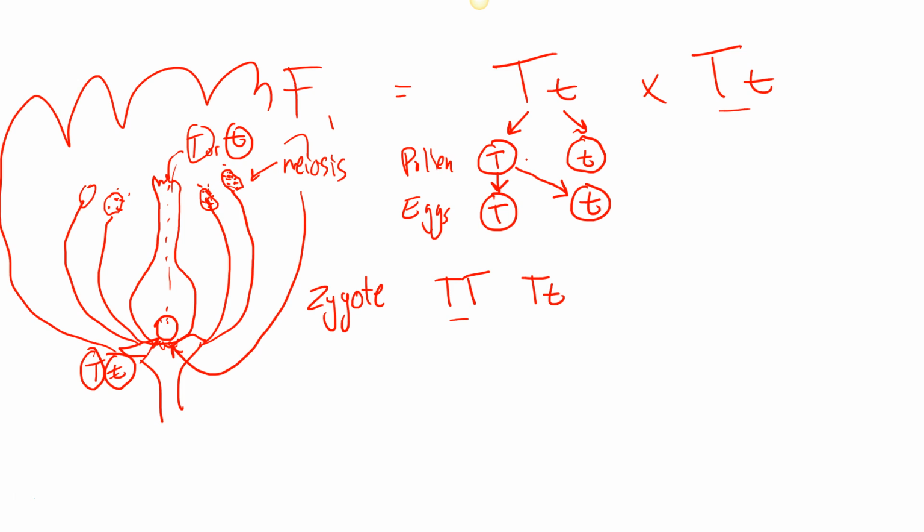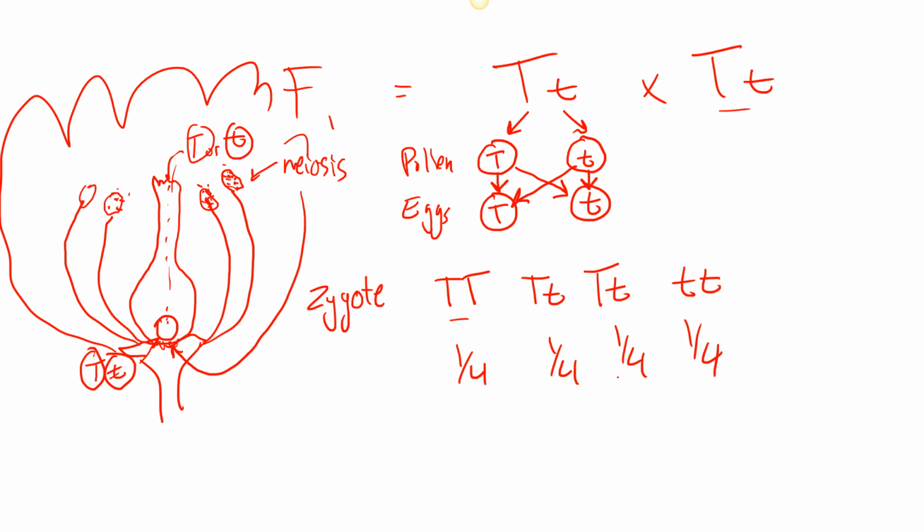If this pollen fertilizes that egg, you'll have a big T, little t as well. Only if this pollen fertilizes this egg would you get a little t, little t. There is an equal chance, 1/4 each, of that happening.